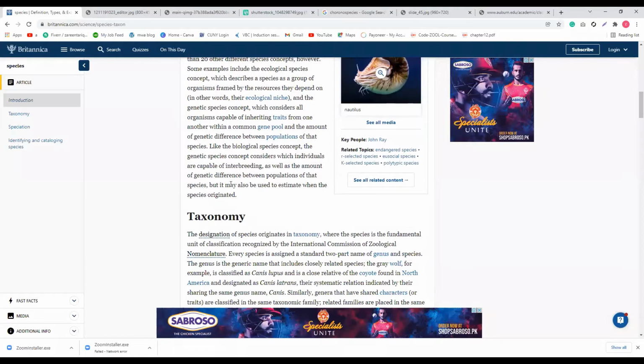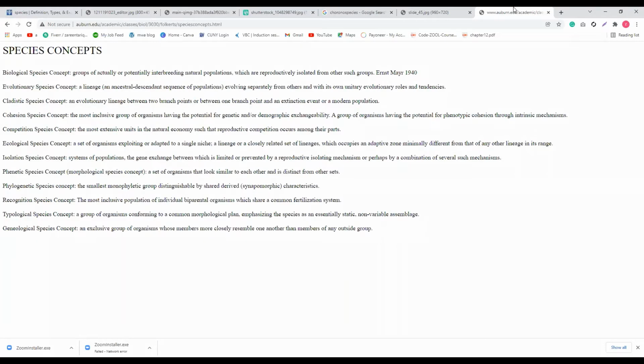Now we will focus on the evolutionary concept of species. What is a species according to the evolutionary concept? Simpson is the scientist who explains this concept: a lineage evolving separately from others and with its own unitary evolutionary roles and tendencies.